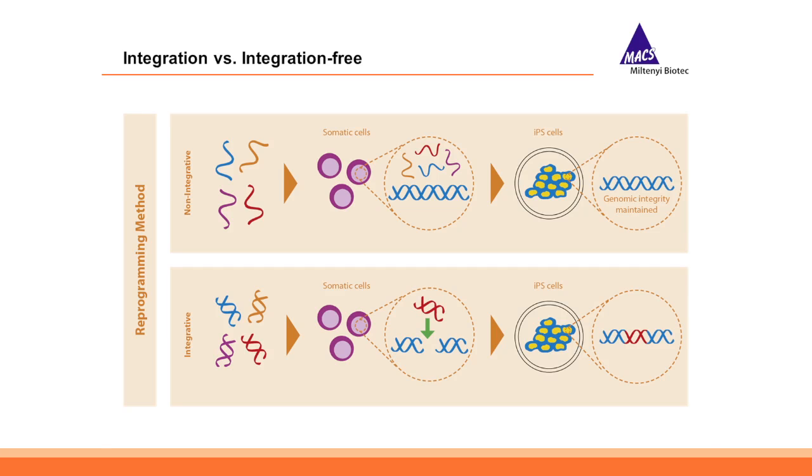One uses a carrier for the transcription factors that integrates into the genome, so later on the genome is altered. And one method is integration free, and therefore the genomic integrity is maintained. If we want to go for clinical trials and therapy, we of course should go for the integration-free method to conserve the original DNA.